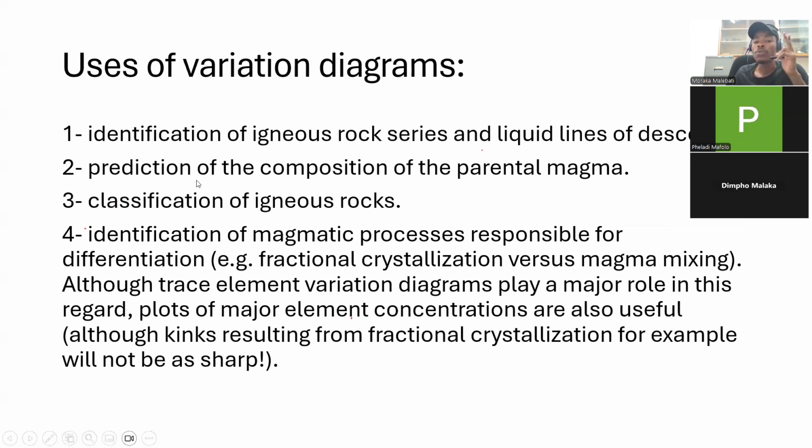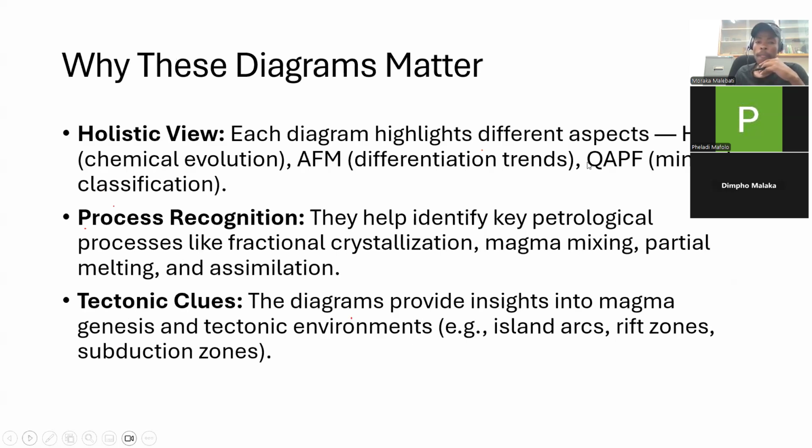They can also be used to predict the composition of the parental magma, to classify the igneous rocks into alkaline-rich rocks and other rocks, and to identify the magmatic processes responsible for the differentiation. That is the uses.